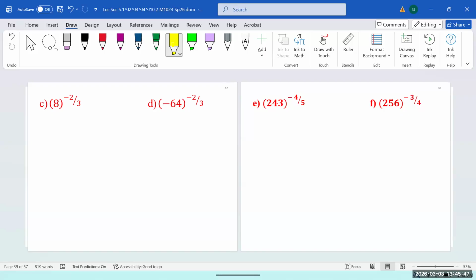Then who would like to do E? Nayari? Okay. So Lady is for C, Justin is for D, Nayari E, and Joshua F. Two more minutes, and then we're going to do them together.